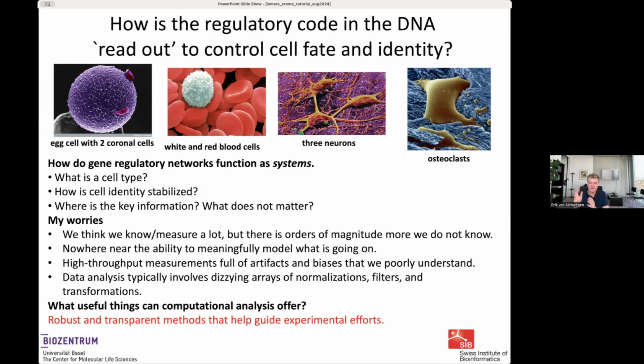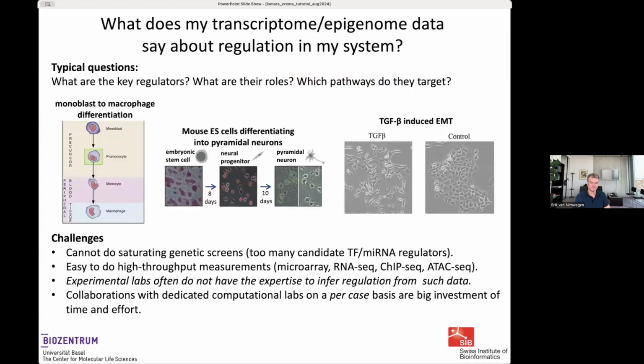So I don't think that we should think that we're going to somehow understand how this whole system functions. The best thing we can do is to extract some hypotheses from this data to help us focus on where we should do our next experiments and what kind of next experiments would be most interesting.